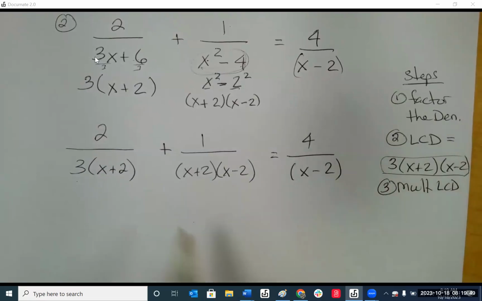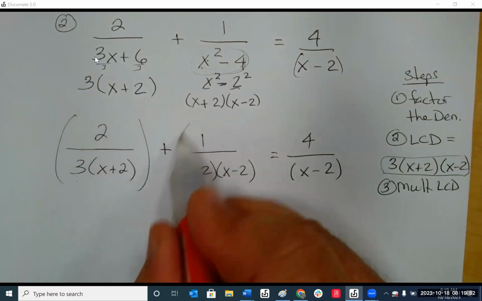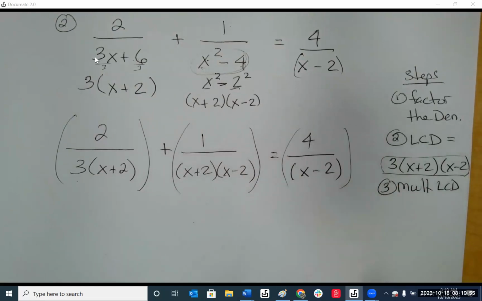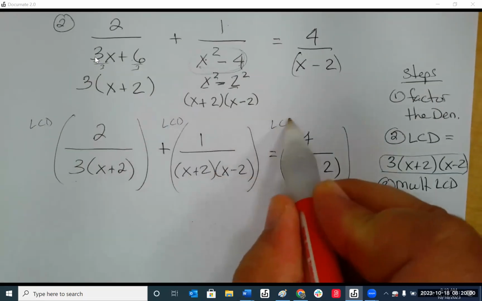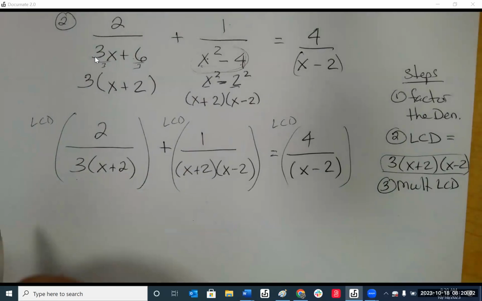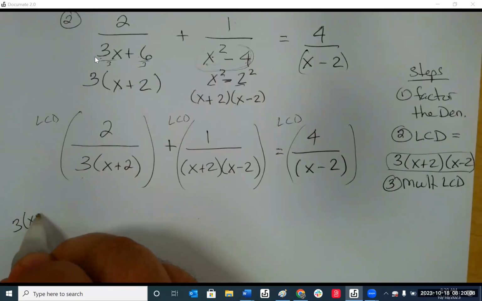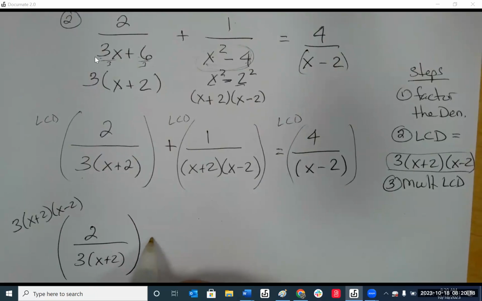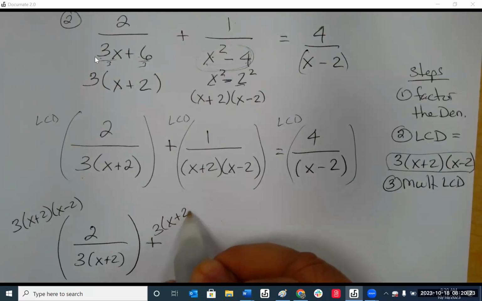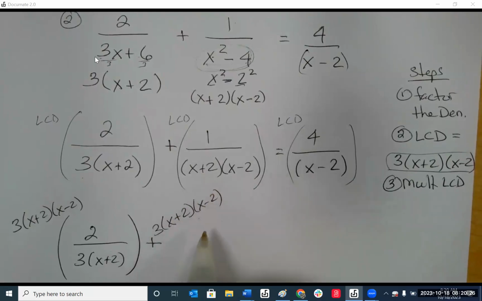Multiply the LCD. So we have one term, two terms, three terms. So we put the LCD out in front. We have 3 times x plus 2, x minus 2. 3 x plus 2, x minus 2.